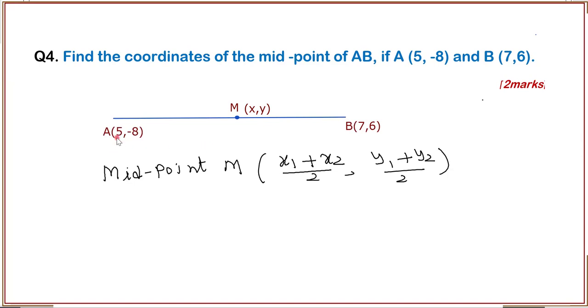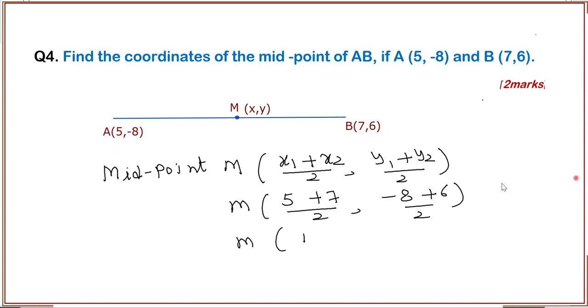See, x1 is 5, x2 is 7. So 5 plus 7 divided by 2 will be the x coordinate. And for y, y1 is minus 8 and y2 is 6, divided by 2.